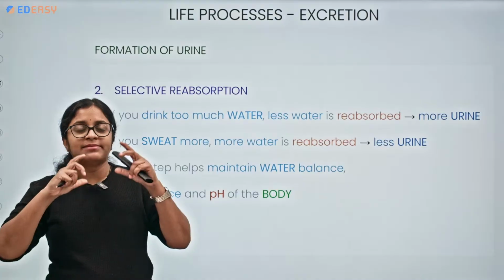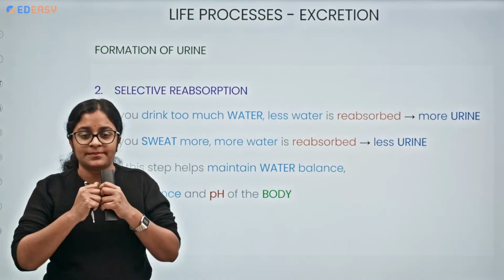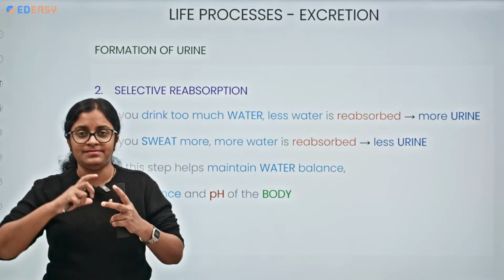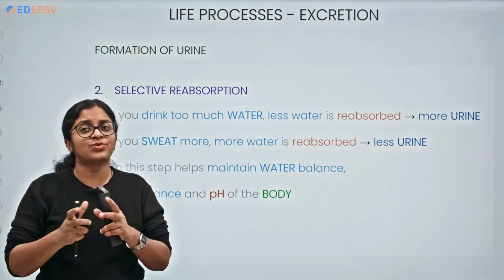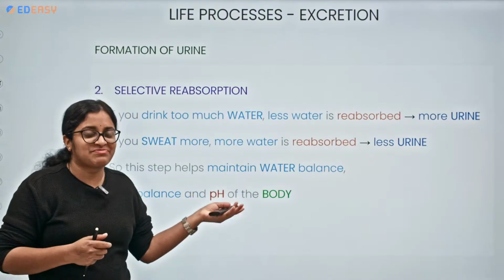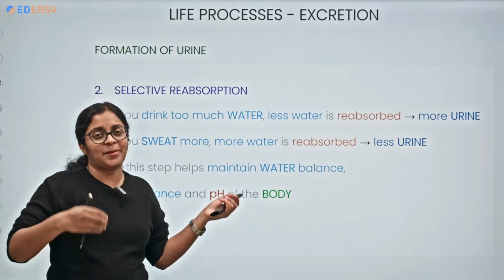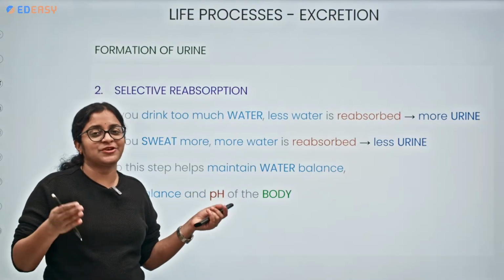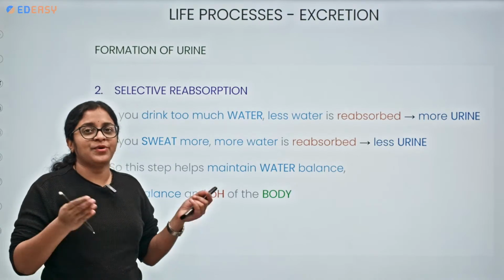Okay. So when we are depending too much on water, we can find there is less water reabsorption, and you can observe, when we are depending upon a high amount of water, of course the urine production will also be high, more urine.